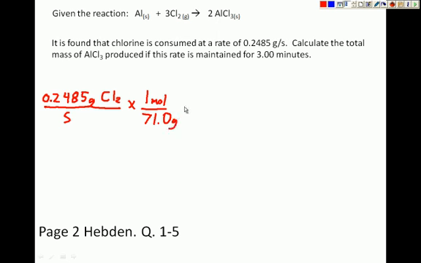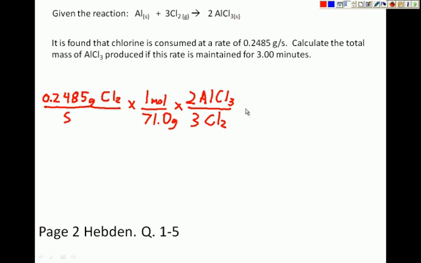Then I'm going to use my molar ratio, which is a 2 to 3 ratio, and multiply that to change this into moles of aluminum chloride. So there's 2 aluminum chloride for every 3 chlorine gas. So now my unit is moles of aluminum chloride per second.